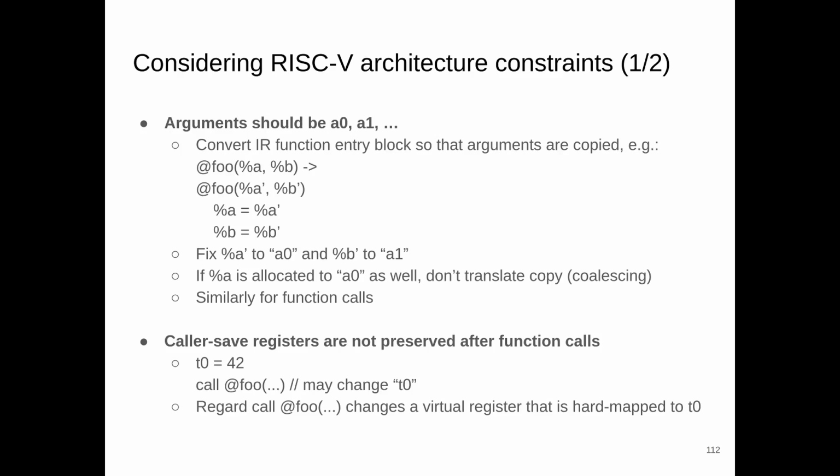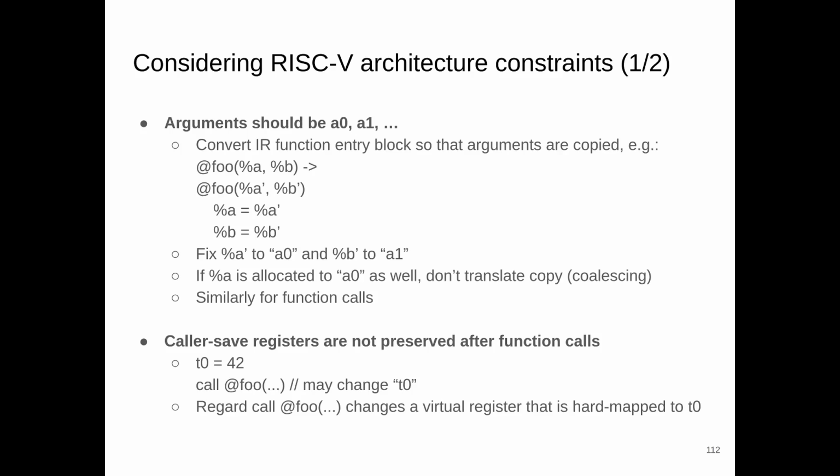And if these two registers are mapped to the same color, then we can completely ignore this assignment and just not translate anything from it. So A' is hardwired to A0 because it's an argument. And if A is mapped to A0 as well, then we are effectively copying A0 to A0, which should be a no-op. We don't translate this instruction into any meaningful architecture instructions.